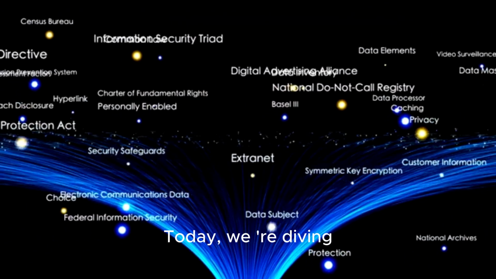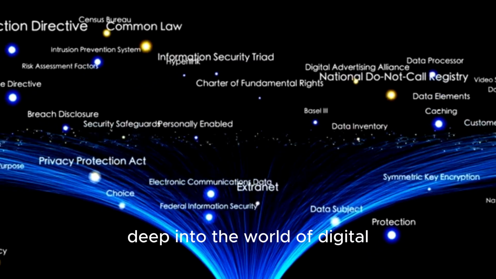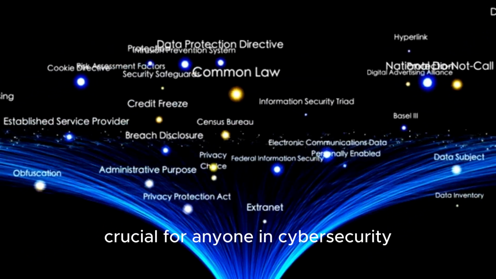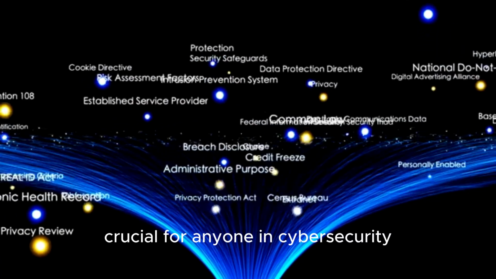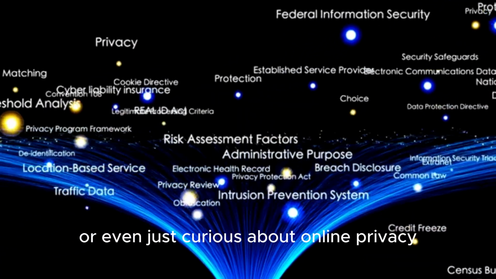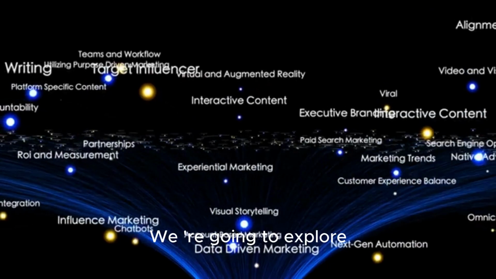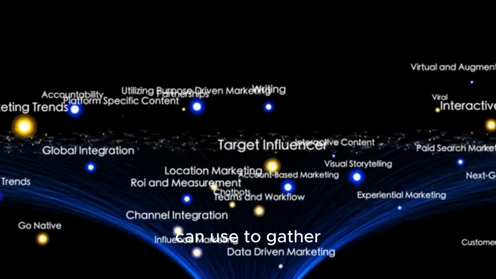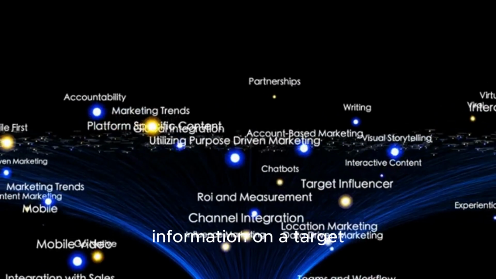Today, we're diving deep into the world of digital investigation with a topic that is absolutely crucial for anyone in cybersecurity, ethical hacking, or even just curious about online privacy. We're going to explore 10 free OSINT tools that you can use to gather information on a target.